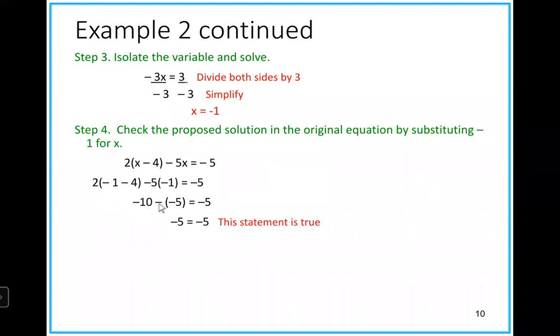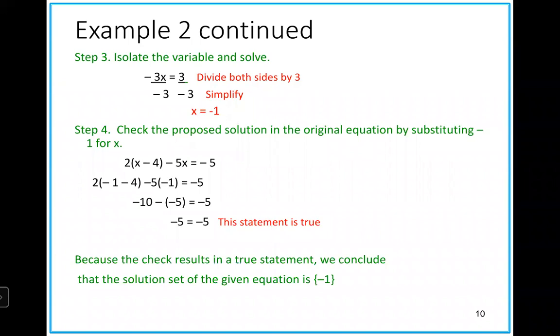Then -10 minus, and if you put 5 times -1, you will get -5. Then -10 minus -5 gives you -5. So -5 is equal to -5, which is a true statement. Once you get a true statement, then you know that your answer is correct. So the answer is x is equal to -1.